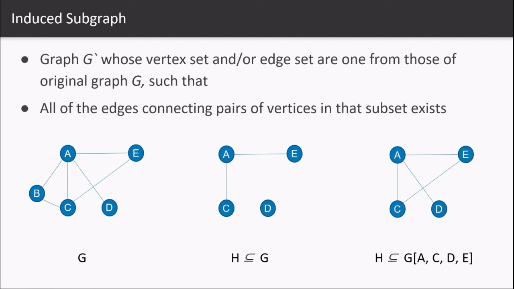The shared vertices are A, C, E, and D, where the edge from A to D is missing, also from C to E. So the graph on the right is an induced subgraph of G and is induced by A, C, D, and E.